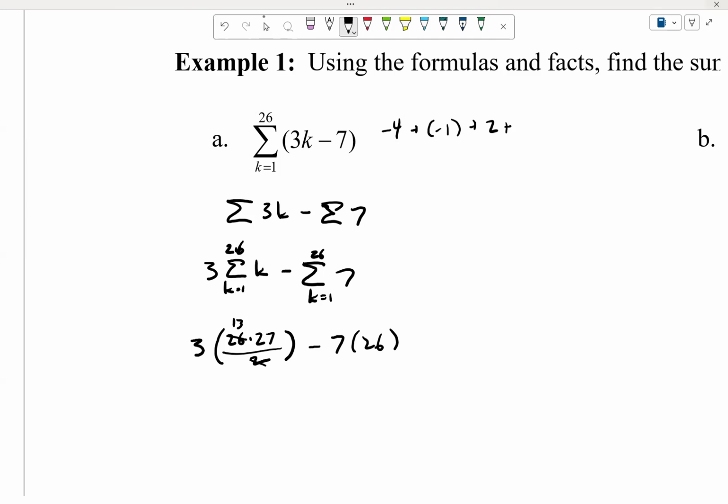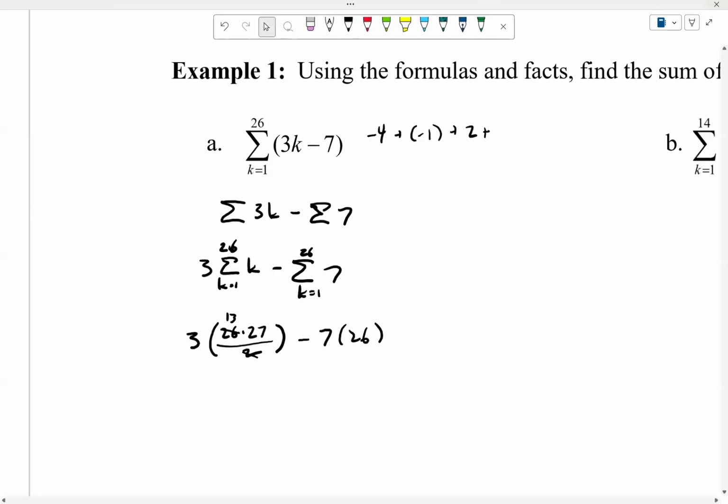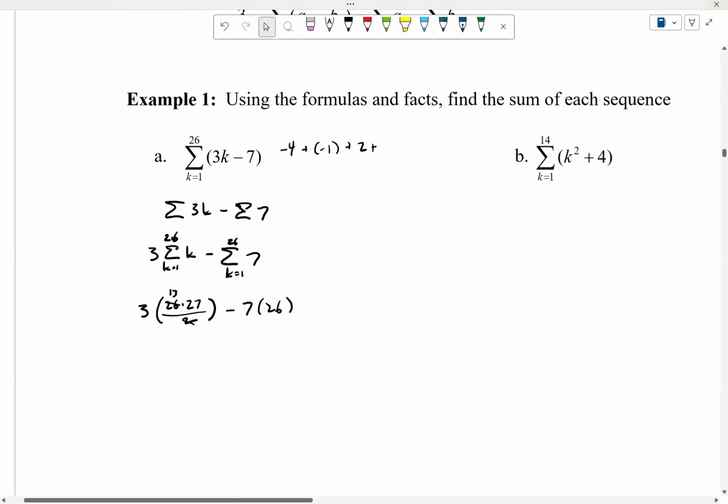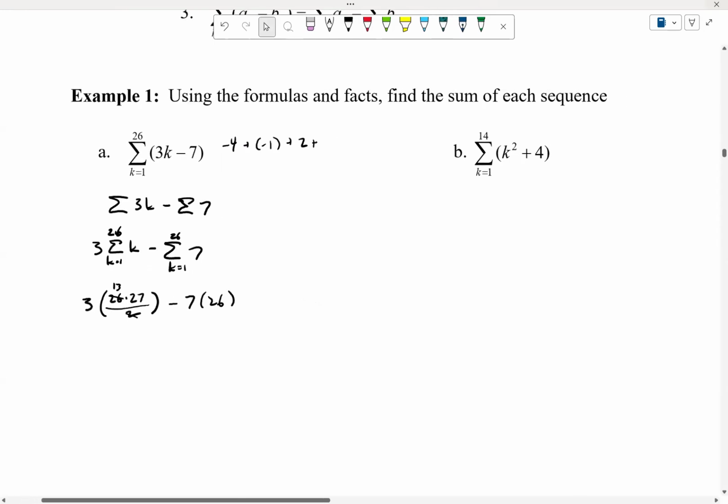If we're going to put it in our calculator anyways, it's still the same. I want to see some sort of simplification. Use your best judgment. I'm really looking for the answer at some point. But you're right. If it's a calculator problem, then just type it all into your calculator.